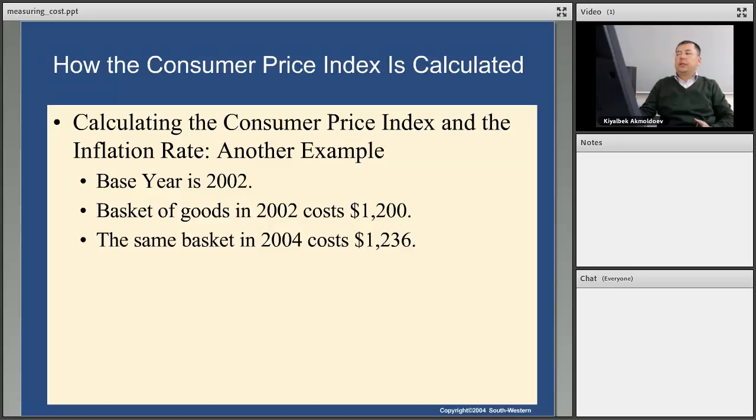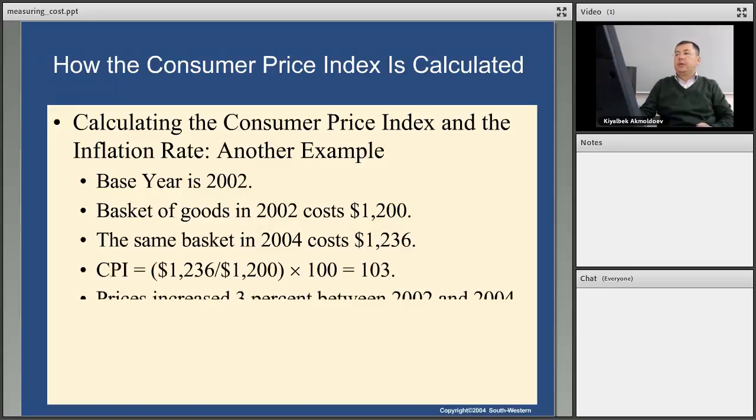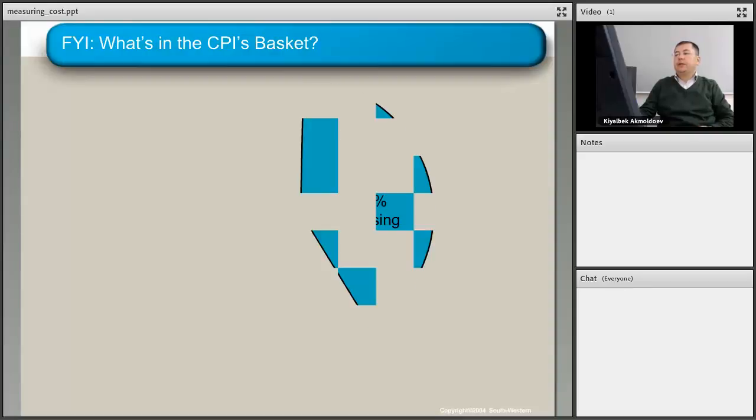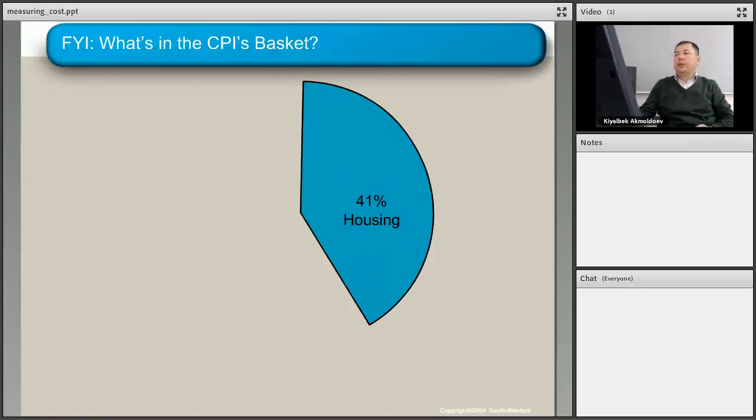The same basket in 2004 costs 1,236, and CPI equals 1,236 divided by the base year cost, multiplied by 100, which is 103. The price increased by 3% between 2002 and 2004.